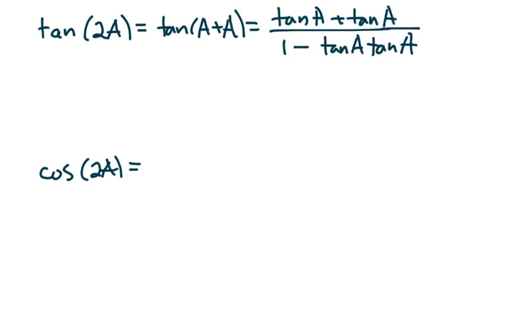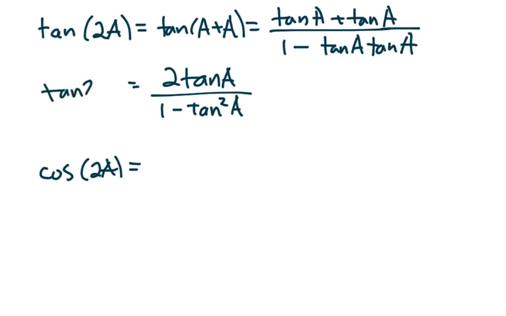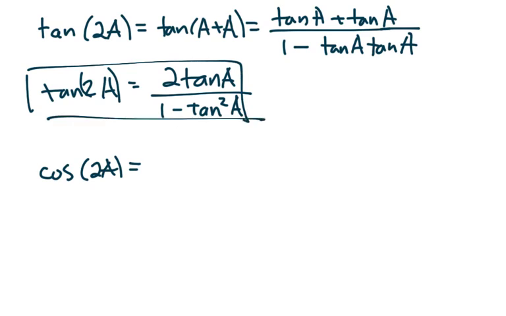Banana plus banana, 2 bananas. 2 tan A. And in the denominator, tangent A times itself, well, plus yourself means a coefficient of 2. Times yourself means an exponent of 2. This means tangent A parentheses squared, or tangent squared of A. This is the tangent double angle formula. Cool.